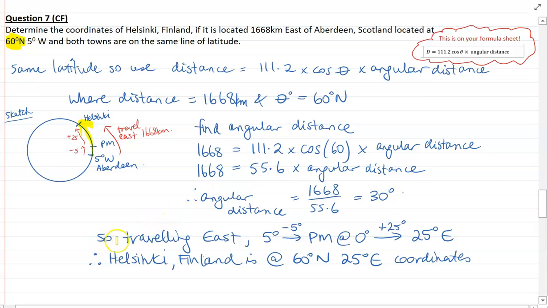Considering that, if I'm traveling east, that means I need to take off 5 degrees to get to my prime meridian, and then add on another 25 degrees to get to Helsinki. So that means Helsinki, Finland is located at 60 degrees north, 25 degrees east compared to our prime meridian, and hopefully that's the coordinates you got as well.